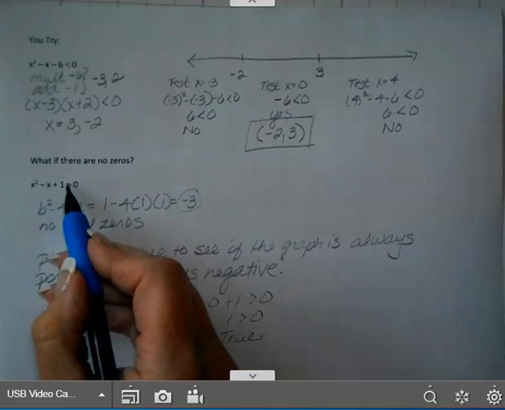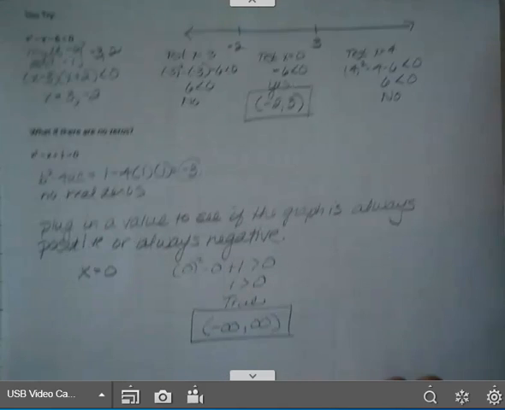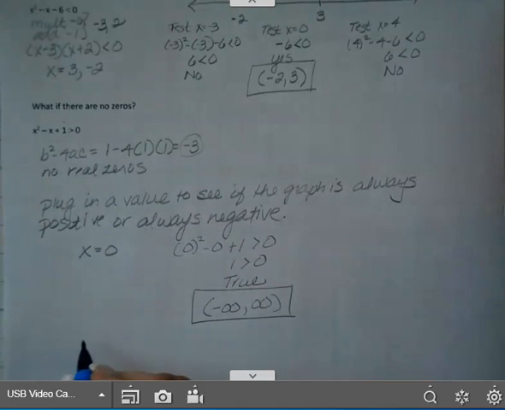And I want to know, when is it positive? It's always positive, so the solution will be negative infinity to infinity for this. Everything works.